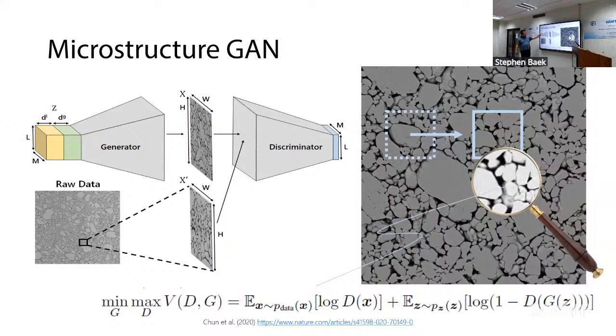So Z_G determines the global morphology of the microstructure, whereas Z_L determines the local variation, the stochasticity locally. For example, Z_G will determine things like the porosity of the overall microstructure. But even for microstructures with the same porosity, the individual details can vary. And those varying details are captured by the local stochasticity parameter Z_L.